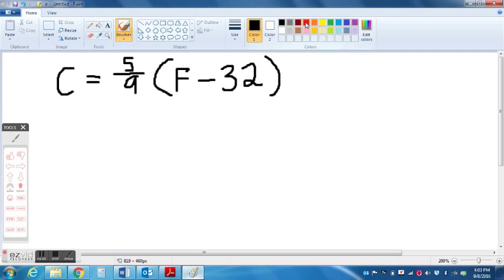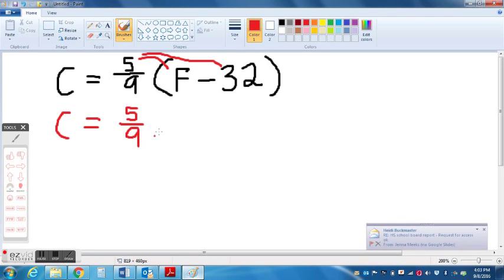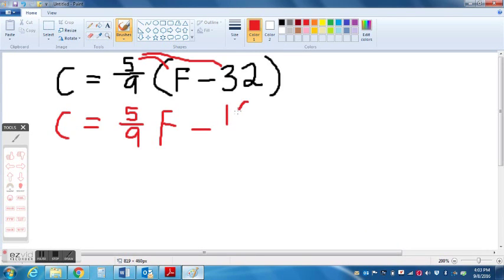So here we go. I'm going to distribute my 5/9. So I'm going to get C equals 5/9 F, and then I'm going to remember that 32 can be put over 1 if I want it to be, and multiplying across is going to be minus 160/9, because 5 times 32 is 160.